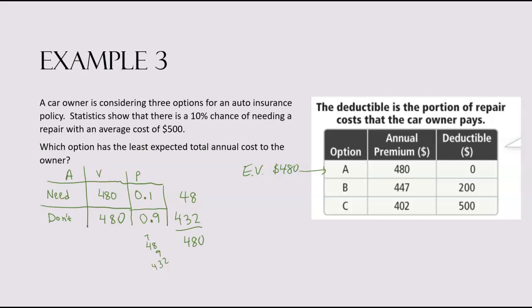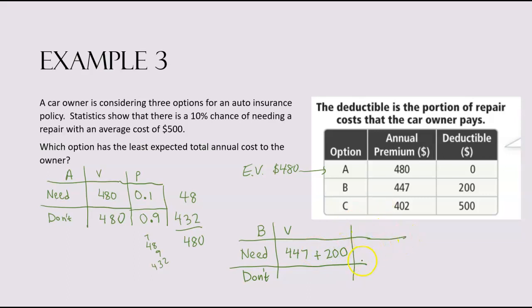It's different if we're doing option B or C, and I'm going to do B with you, and then I'm going to leave C for you to try. If I do option B, the two possible outcomes are I need a repair or I don't. If I need a repair, the value is going to be $447 plus the $200 that it's going to cost me for my deductible.